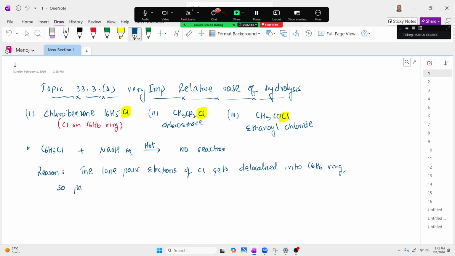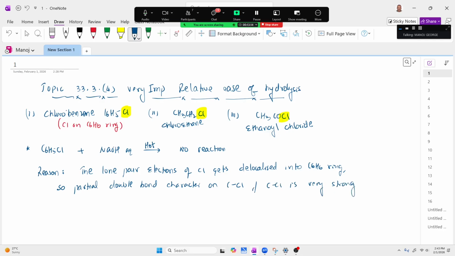So partial double bond character on CCl. Now because single bond is sigma bond, double bond is sigma and pi. Or you could say that the CCl bond becomes very strong or very less reactive.